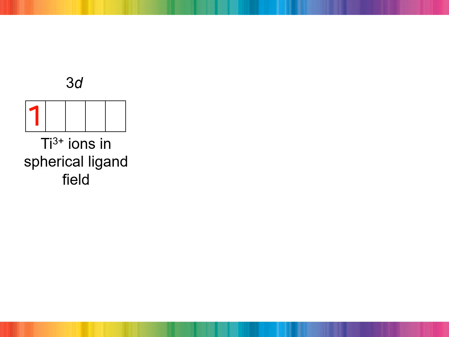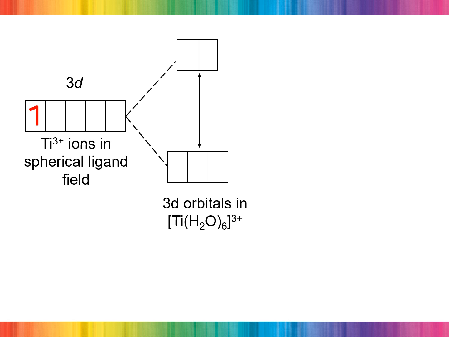Now we'll bring it back to the diagram that we have seen. Looking at the electron in titanium 3 plus, after ligands are present and form the octahedral complex, the splitting of the d orbitals will look like this: 2 above, 3 below, with the electron here at the bottom because it's 3d1.